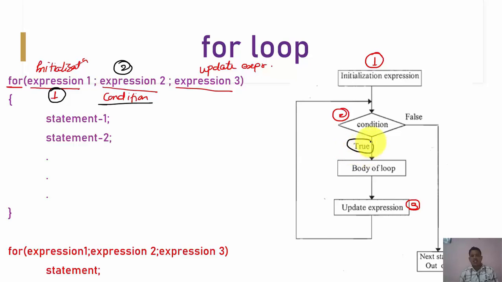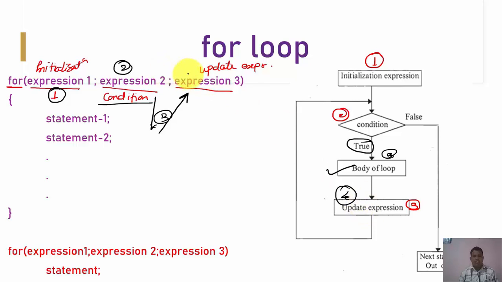If this condition is true, then it goes for executing the body of this for loop, as indicated here. And after completing, it will come back to expression number 3. So this is first, second, this one is the third, and now the fourth activity is to update the expression.